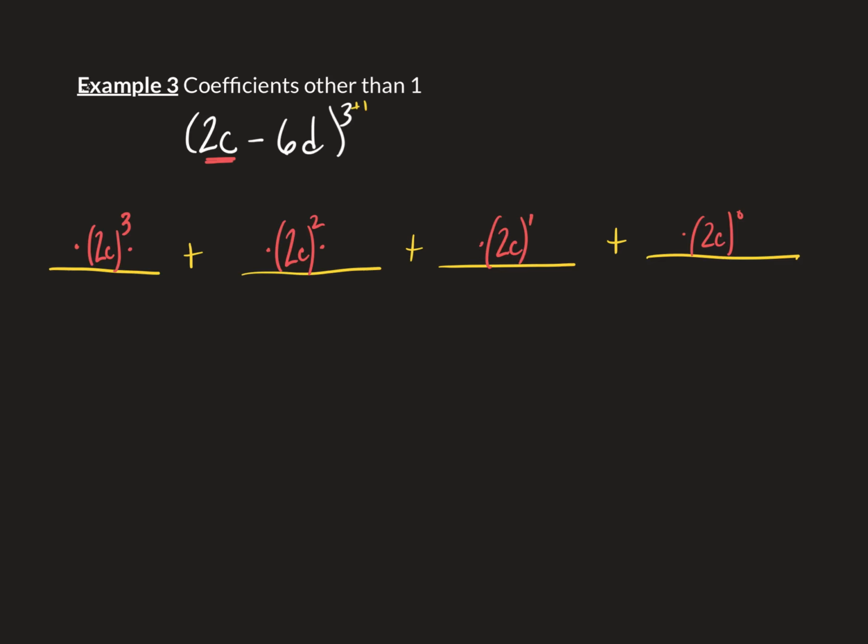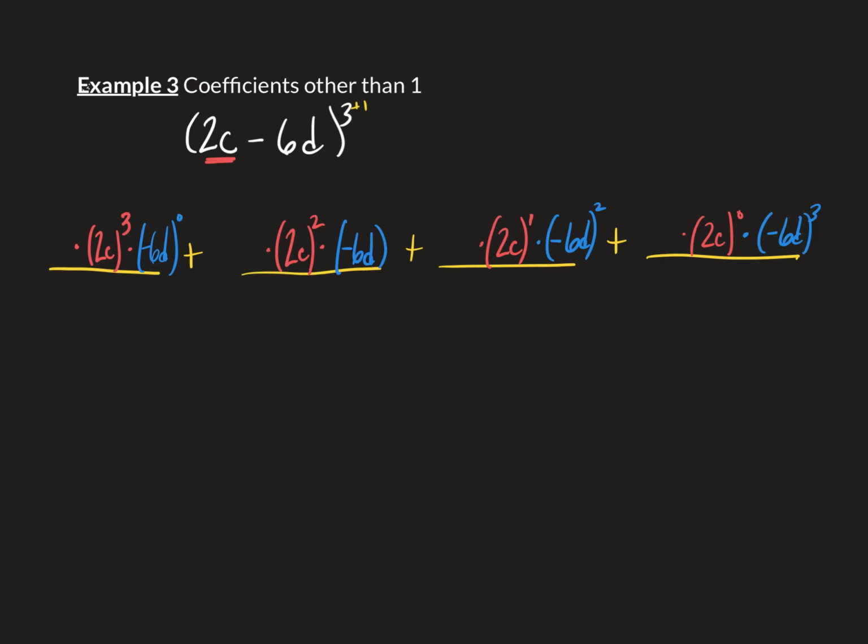So I'm going to start on the far right. I'm going to have negative 6d to the 3rd power. Then negative 6d to the 2nd power. And negative 6d to the 1st power, and negative 6d to the 0 power.